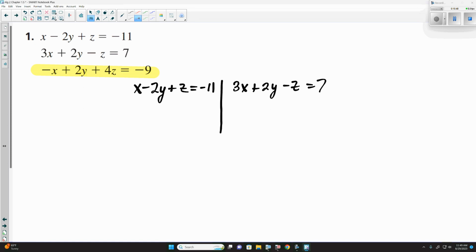Now, the one on the left, well, we already have 1 in front of x, so we don't have to do anything to it. Even though the signs are opposite, that's fine. We just need the numbers to be the same.